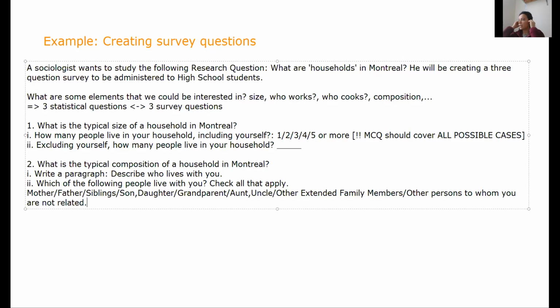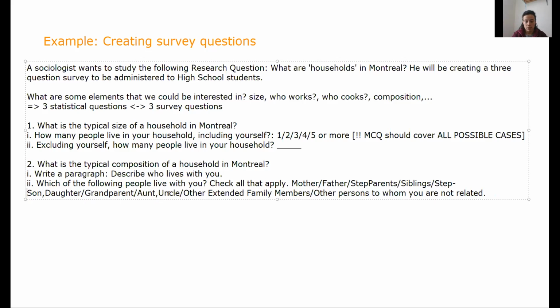So in that case we are considering all of the possible cases. Actually, I'm going to put right before here, step parent and step siblings as well. Forgot about that. There you go.